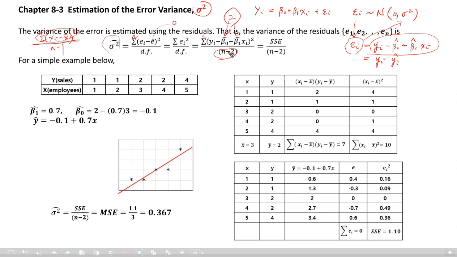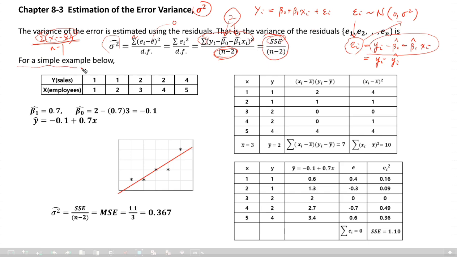But in this case, I explained the degrees of freedom is the number of summation terms n minus the number of estimated parameters, 2. So n minus 2 is the degrees of freedom in this case. What is this? Residual sum of square. Shortly, the notation is SSE. So SSE over n minus 2. Okay, this is the estimate of variance.